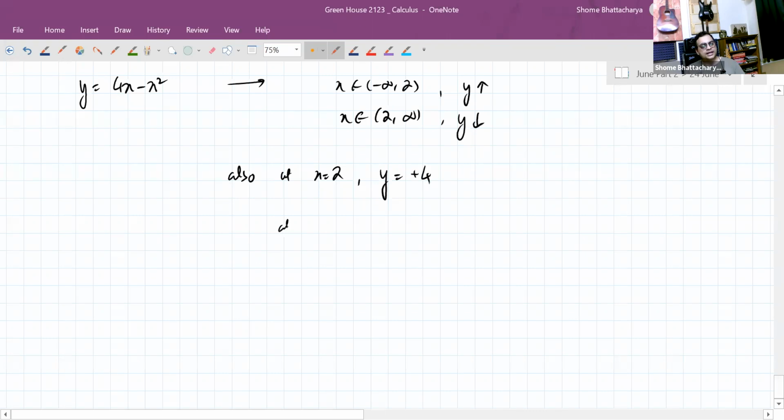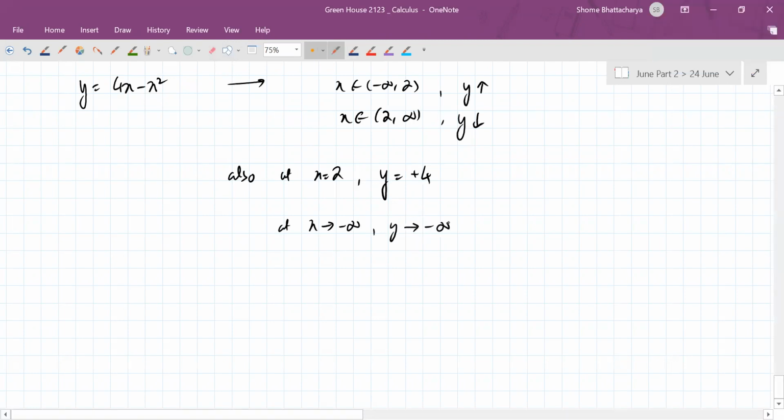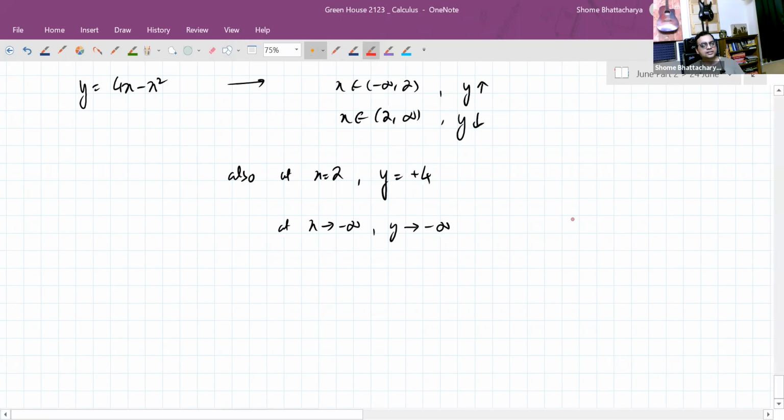And also at x tending to minus infinity, what is y equal to? So 4 times minus infinity minus minus infinity squared. So y will also tend to minus infinity. You can just analyze by taking a value of x like minus 10 raised to the power 3.